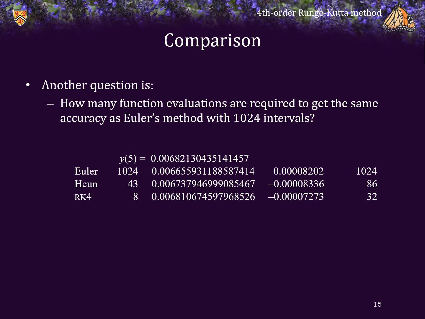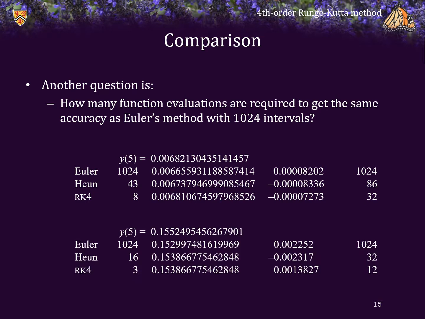We can get that same error with Heun's method with only 43 intervals or 86 function evaluations, and for 4th order Runge-Kutta, we can get that same accuracy with 8 intervals or 32 function evaluations. Same accuracy, significantly less work.